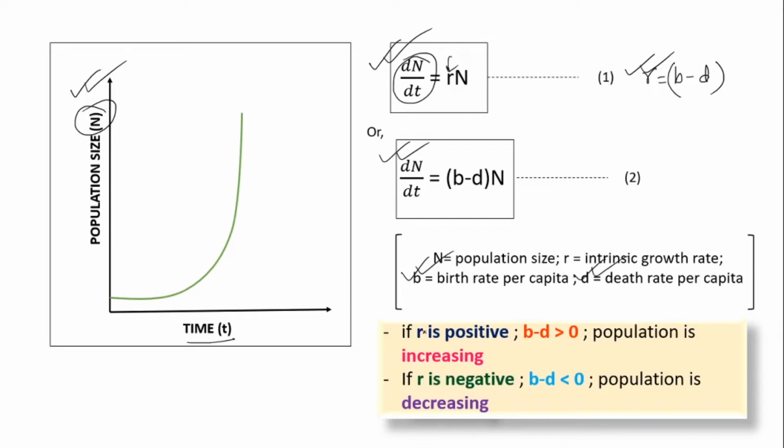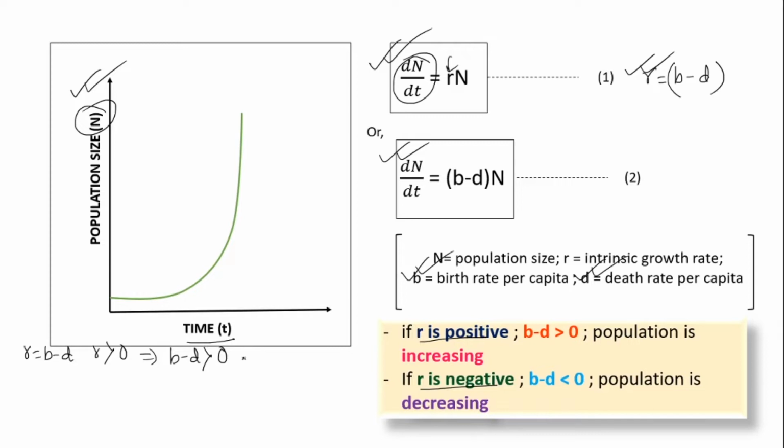Here two conditions are given, that is if r is positive and if r is negative. We know that r equals b minus d. So if r is positive, that means r is greater than 0, so we can consider that b minus d is also greater than 0.